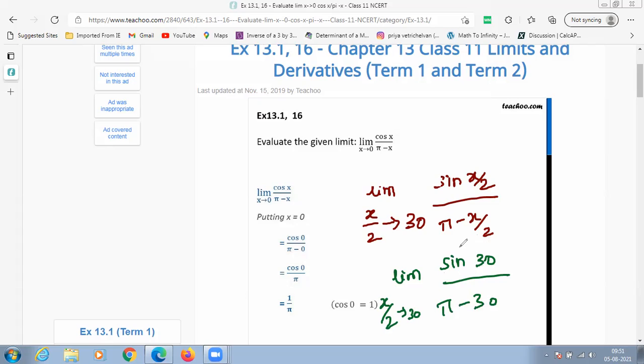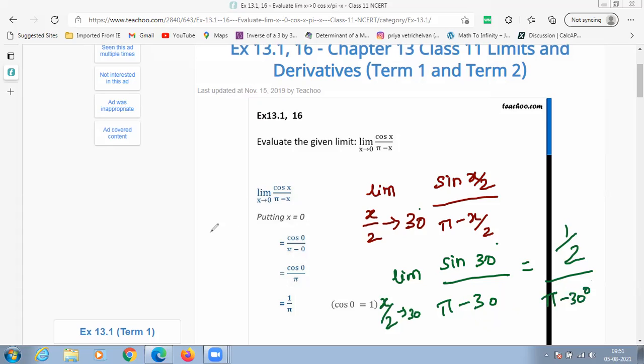I'm not getting from where you're getting that 1 by 2, dear. Isn't sine 30 1 by 2? Fine, like 30 degree, fine. But here you do have only 30 degree, right? You can't change this. It is not in the form of trigonometry, so it will remain pi minus 30 degree.